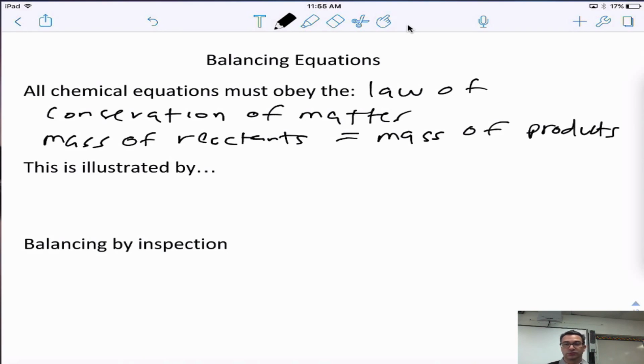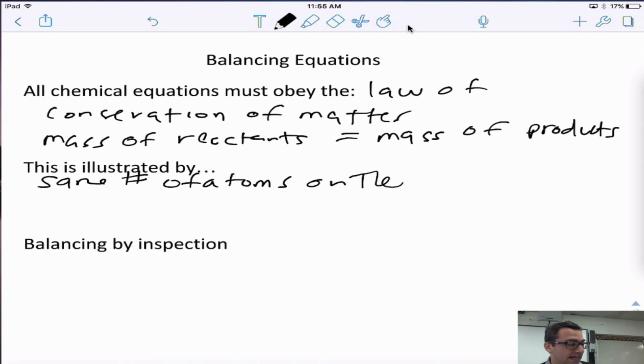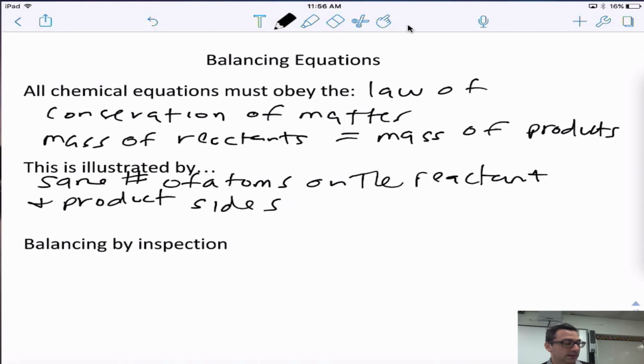We're going to illustrate this by having the same number of atoms on the reactant and product sides. Notice I went through that equation above and said there's 2 H atoms and 2 H atoms, and 2 O atoms and 2 O atoms. The way that we do this is by balancing the equation.